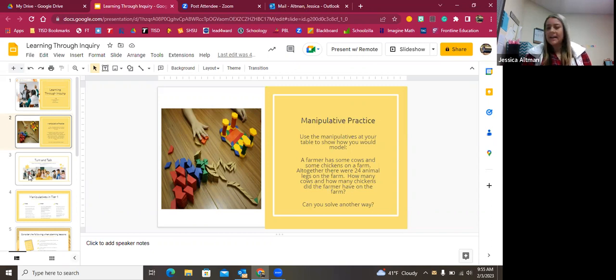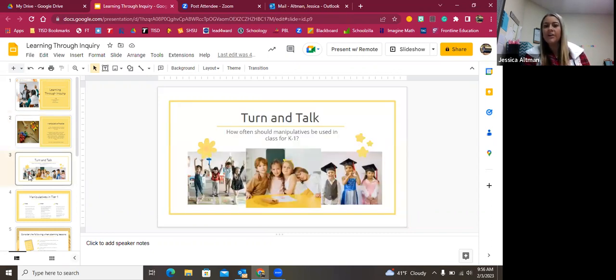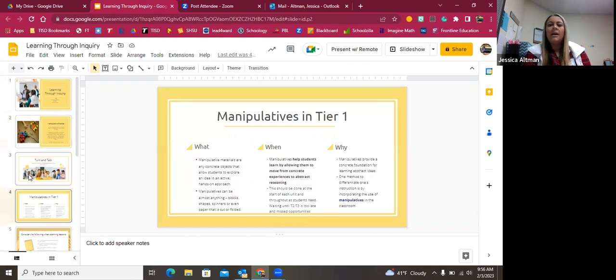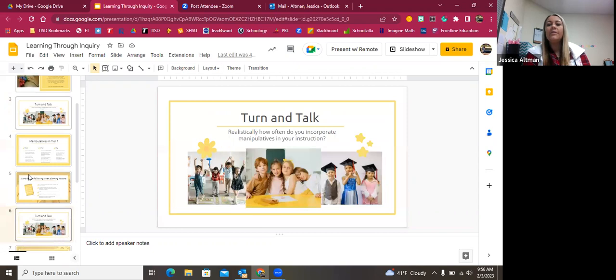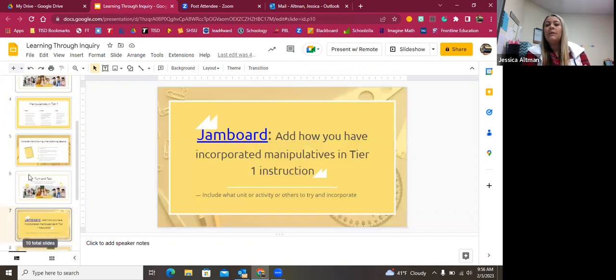I really wanted to have them merged together. So for example, some kinder teachers with some of the first grade teachers and some of the SLL teachers, so that more conversation could occur of how they do it in kinder versus how they do it in first. So for example, with the turn and talk of how often, also when thinking about lesson planning, and then with their turn and talk of how they incorporate it and the completion of the Jamboard.